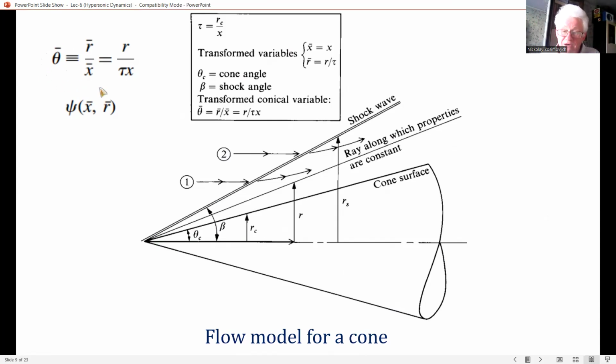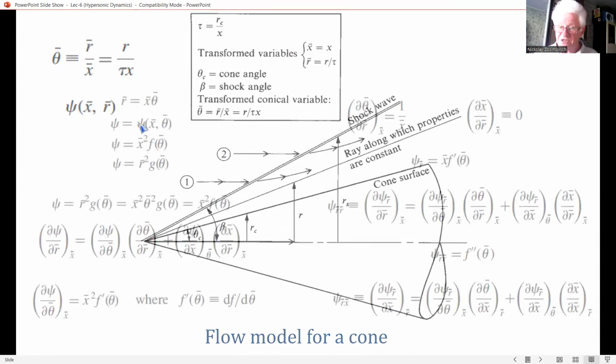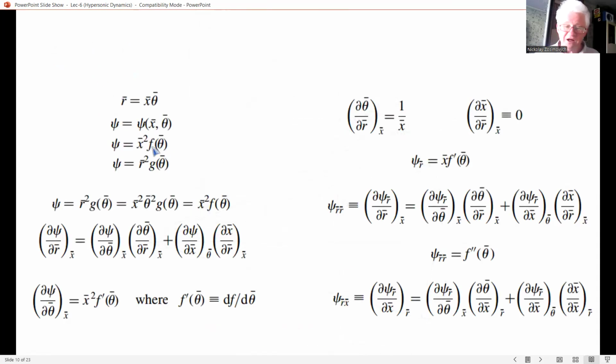So in our relations, r average squared is proportional to the area. And so I mentioned just the function g of theta average.